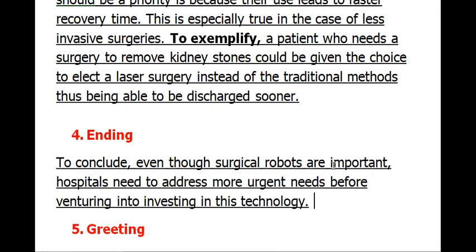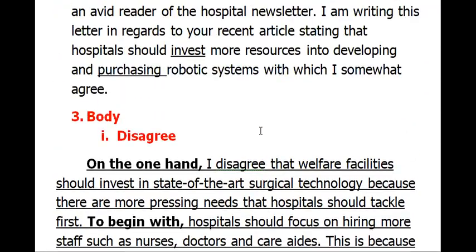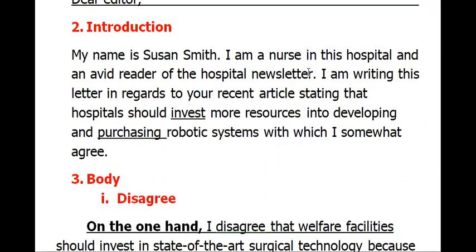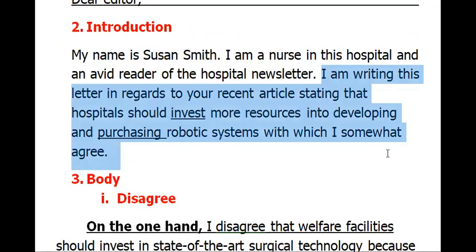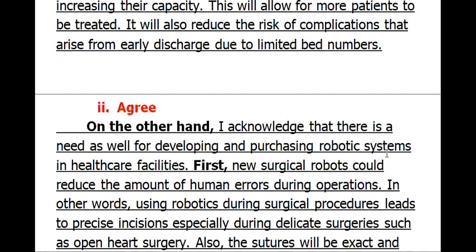So you're just repeating your opinion or repeating this sentence in the introduction. You're just restating it using different words.